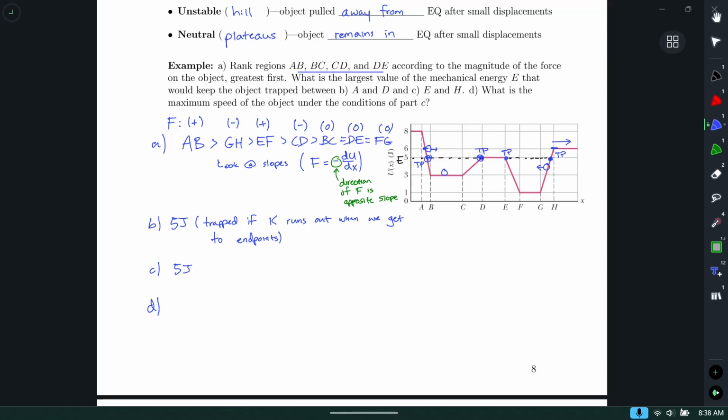Okay, last one. What is the maximum speed of the object under the conditions of part C? So if I'm trapped between E and H, what's the fastest the object can go? How would I go about figuring that out? Seeing where the potential energy is the least and where it's the greatest. Perfect.